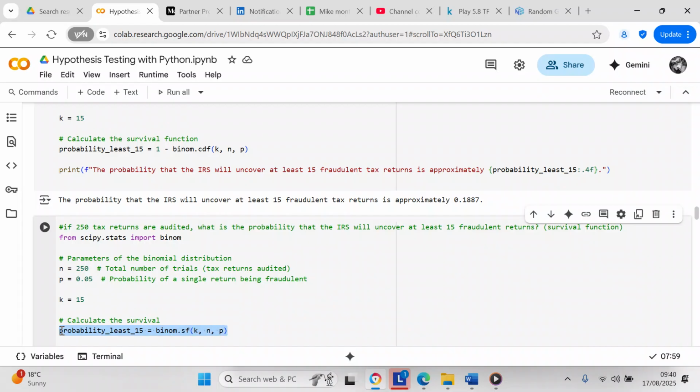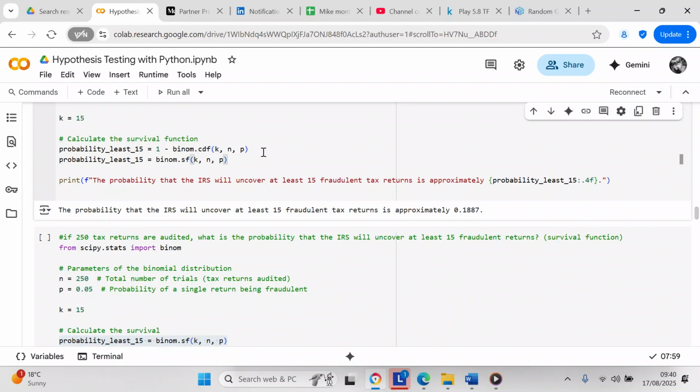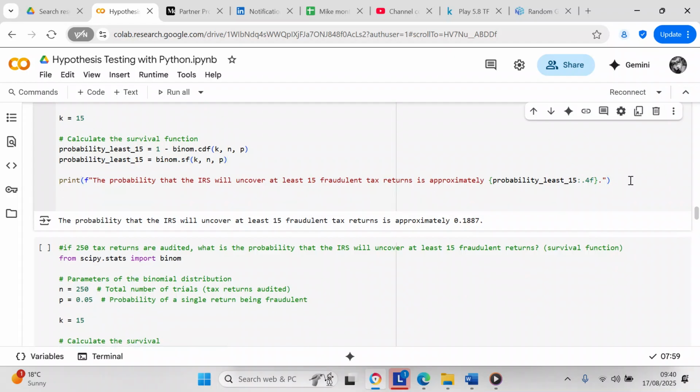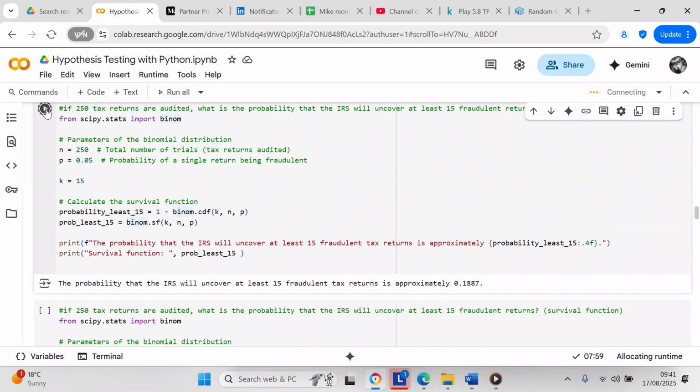So now the next question that we have is exactly the same as the other one, except that we're using sf instead of 1 minus binom.cdf. We just want to see, because it's supposed to be the same, but I just want to prove that it's the same.